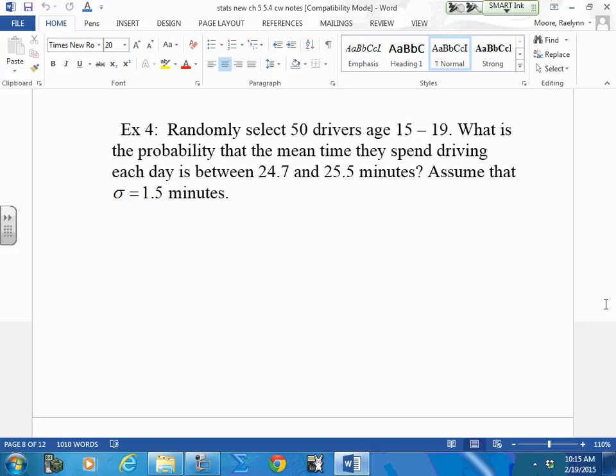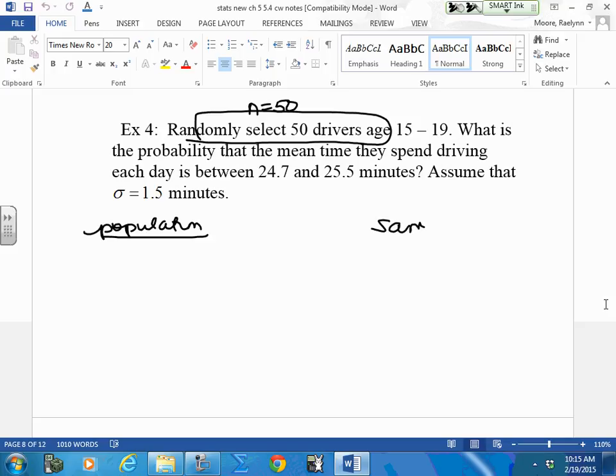Okay. You randomly select 50 drivers. This is your sample size. Normally, wouldn't we say we randomly select a driver? I'm going to do it a little different than them. Population versus sample. Okay.